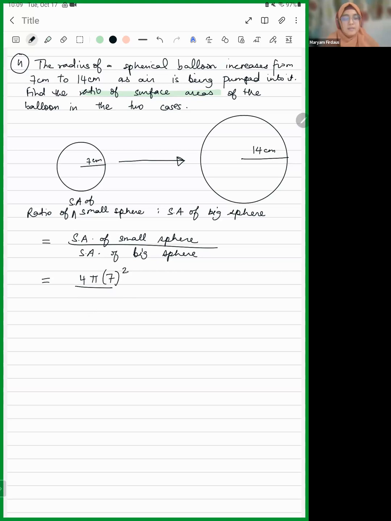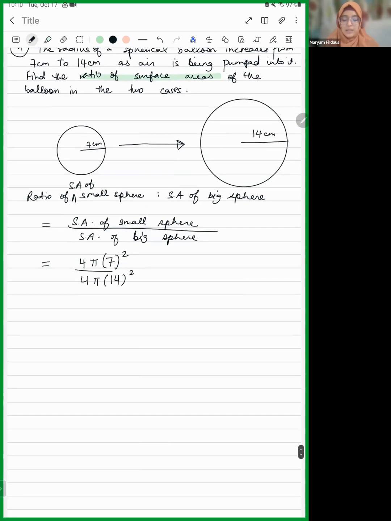So 4 pi 7 squared. And in the second case, it is 4 pi into what squared? What should I put in this bracket here? 14 squared, yeah.